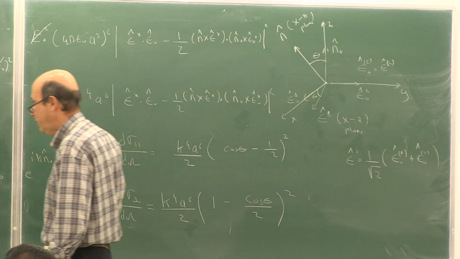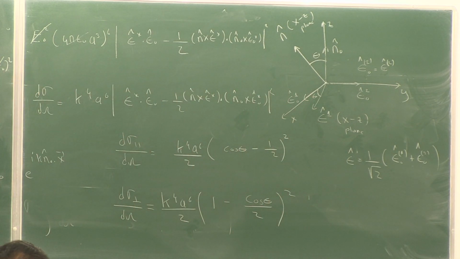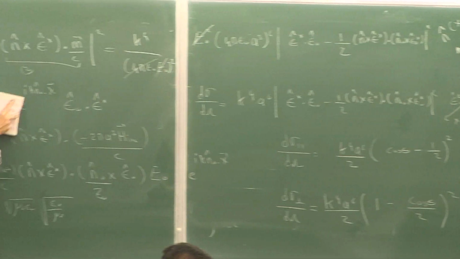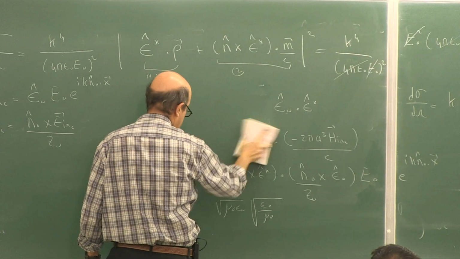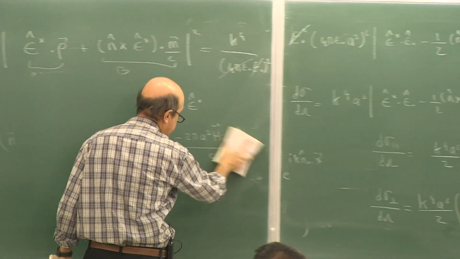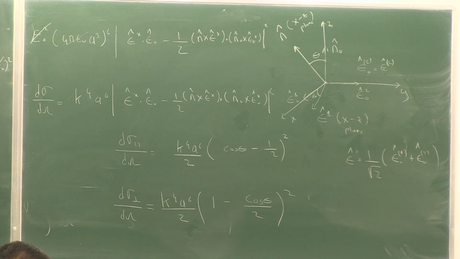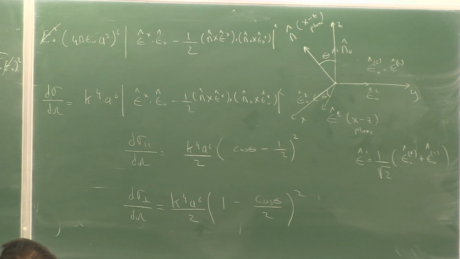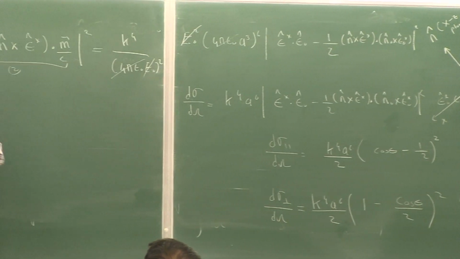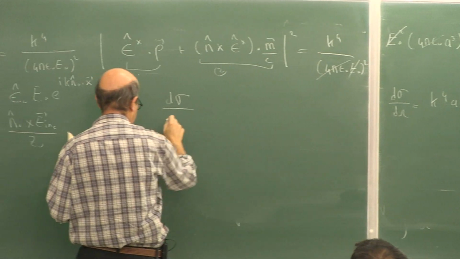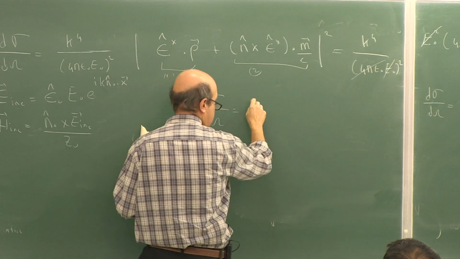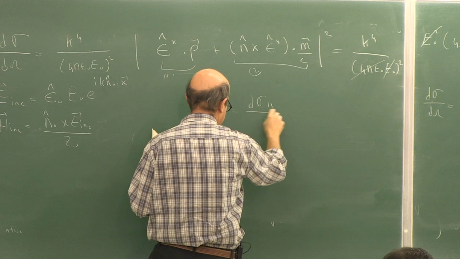Now, let us calculate the total scattering cross section per solid angle and the polarization, and discuss the results. So after a trivial algebra, you can sum them.